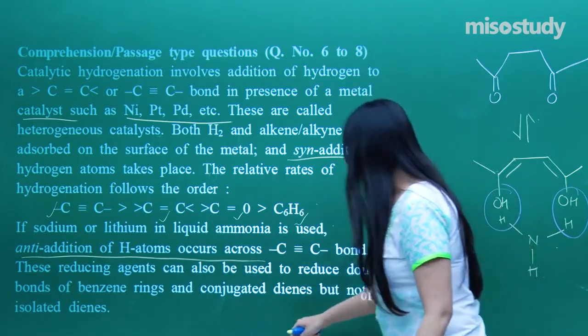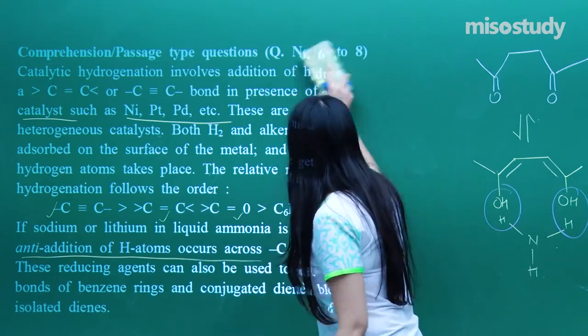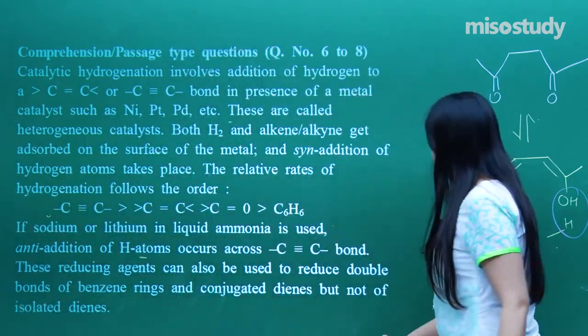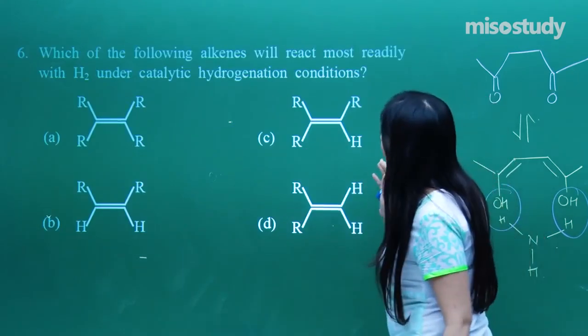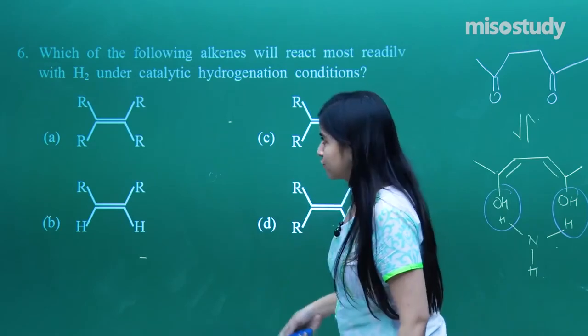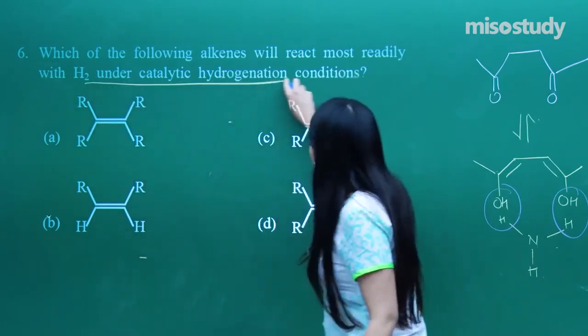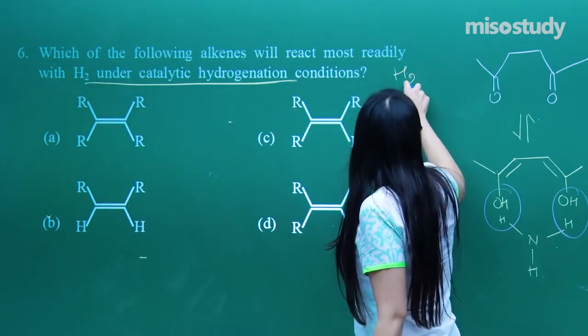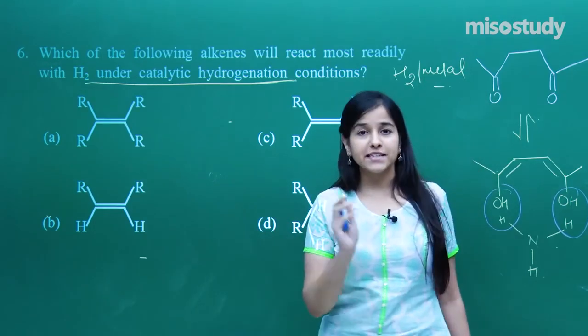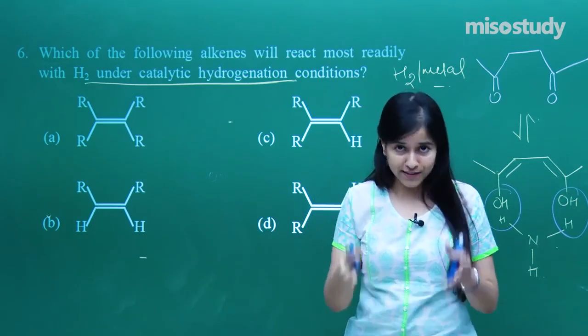Let us now move on to the question. So the questions are based on this. Which of the following alkenes will react most readily with H2 under catalytic hydrogenation? So they want H2 in the presence of some kind of a metal. We also know that this is always a cis kind of an addition, or syn.